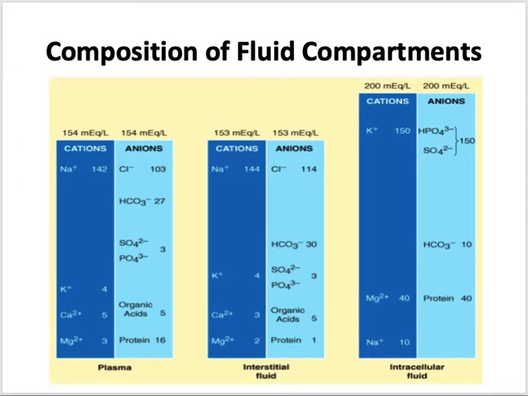And why I'm stressing these things, of course you will understand, because when you study the composition of different fluids, you will know different fluids have different sodium levels and different potassium levels and this and that.